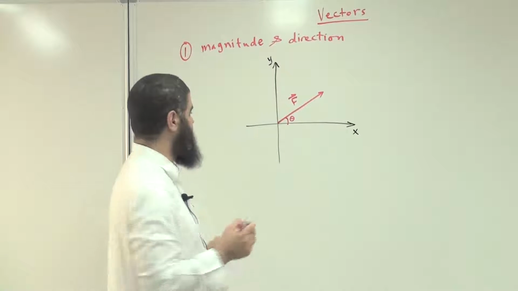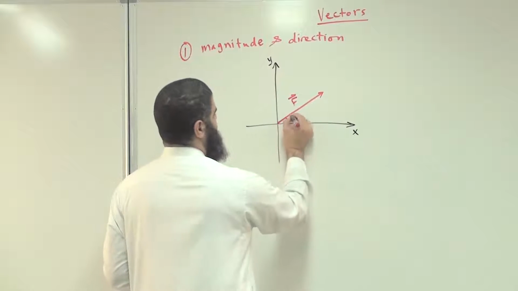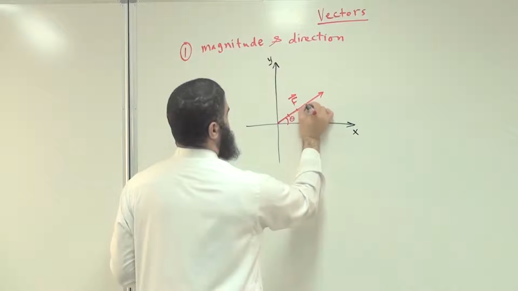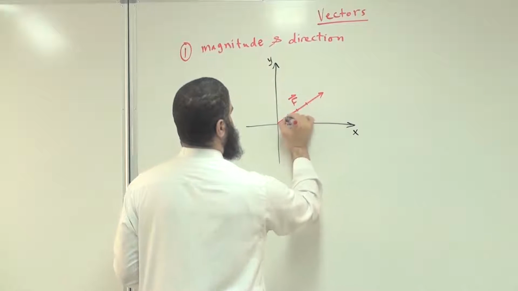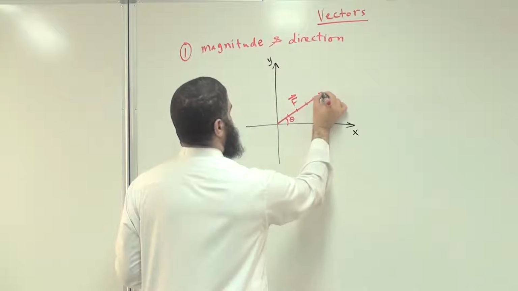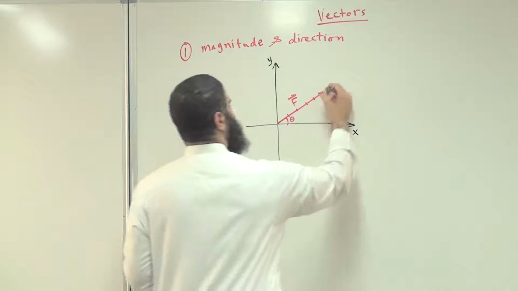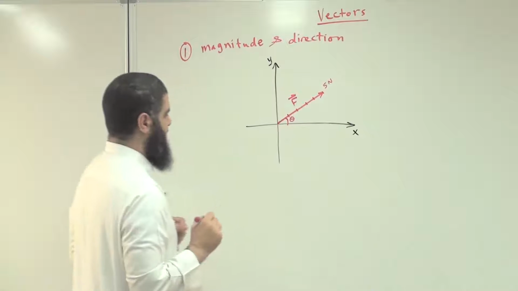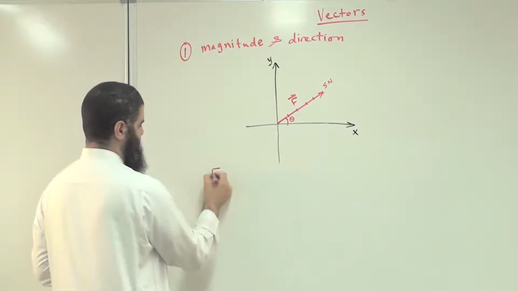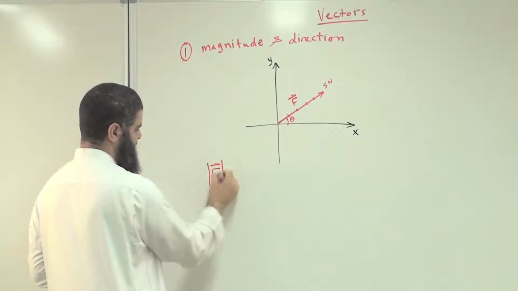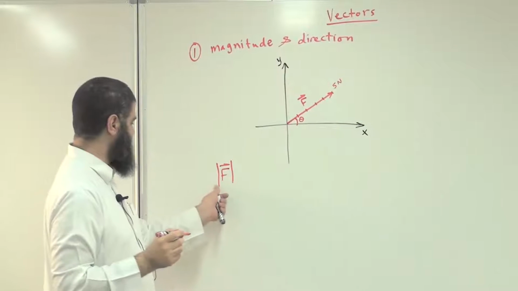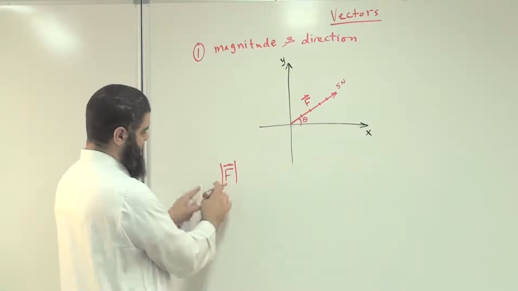If we assume that each 1 centimeter represents 1 Newton force, so 1, 2, 3, 4, 5, so this is 5 Newtons. We can write this as the magnitude of F. These two parallel lines, as you learned in math courses, represent the magnitude of this vector.